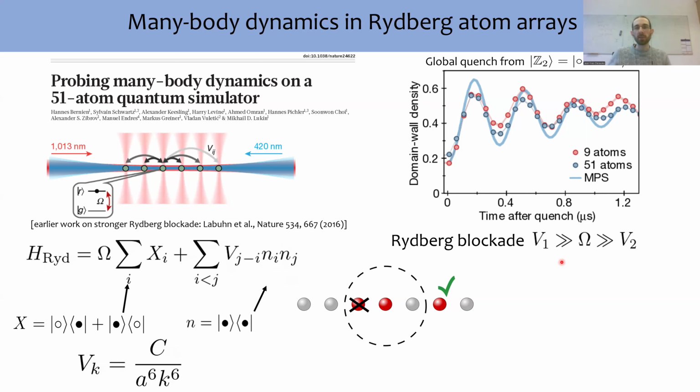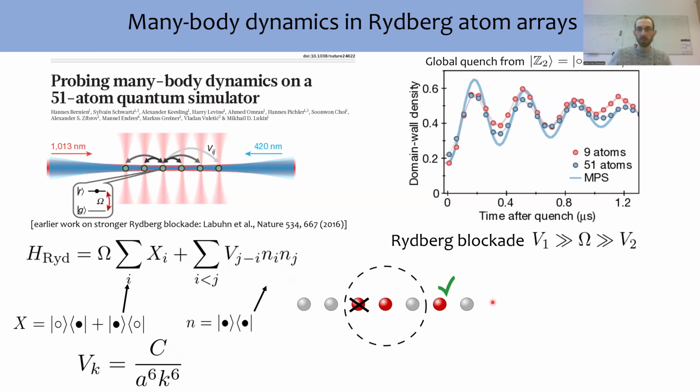But at the same time, the flip term cannot create or destroy something of energy V1. It's just so much more energy that it's essentially conserved. And what this means is that to not add or destroy this V1, we cannot add or destroy neighboring excitations. And so this emergent blockade appears: if you have an excited atom in the Rydberg state, its nearest neighbor cannot be excited.